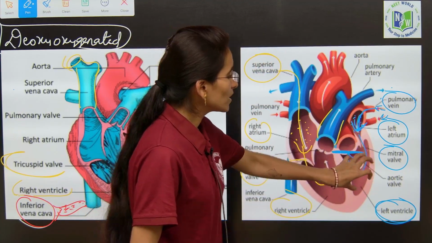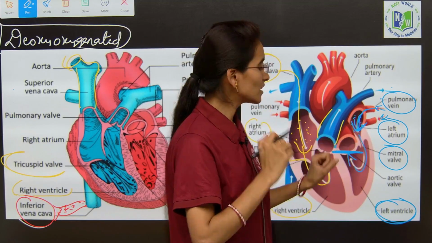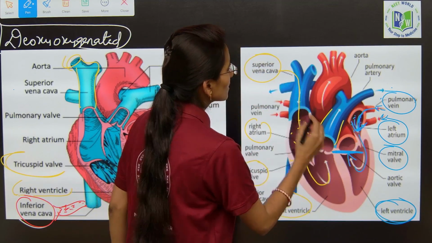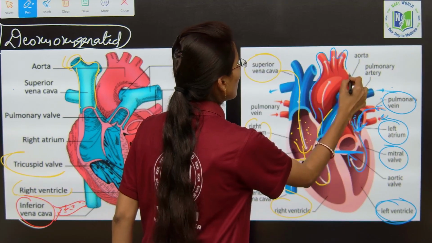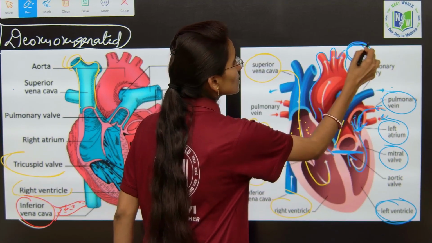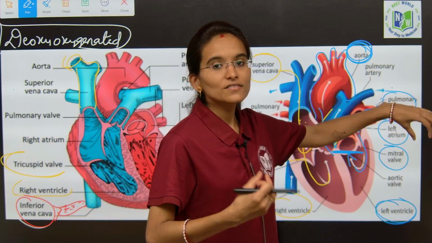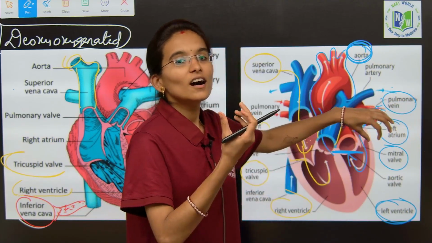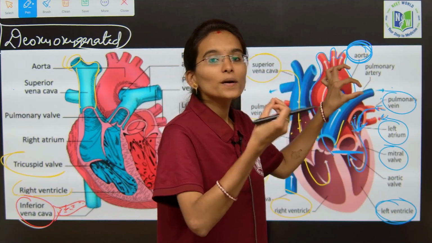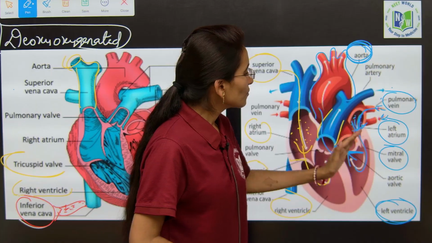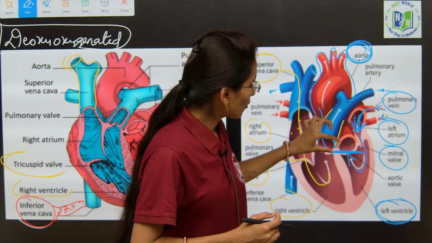From here the pure oxygenated blood will enter into another tube-like structure called the aorta. Can you see here? This is the aorta. From the left side, the complete pure and oxygenated blood will get transferred and will open into the aorta with the help of a valve.